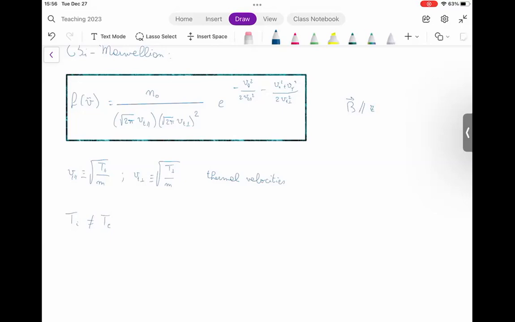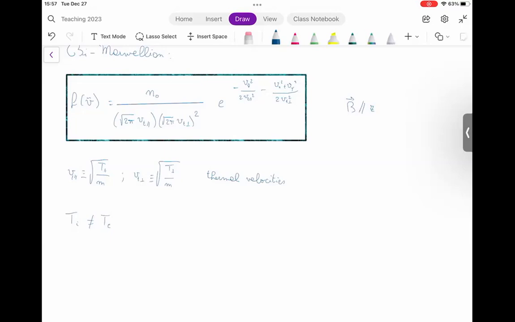And since you have at steady state a constant source of those very hot particles, which will be alpha particles, you're never going to reach a situation where all the temperatures are the same, because you keep creating hot particles.